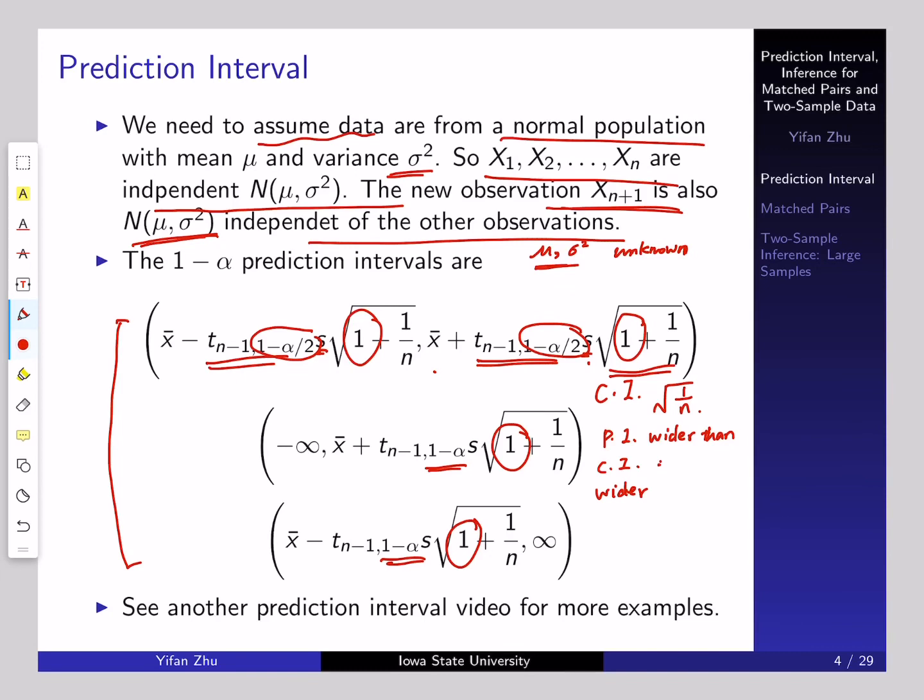So it is wider than the CI due to more uncertainty. There is uncertainty in the mean mu, and also uncertainty in the deviation of the observation from the population mean, which makes the prediction interval wider than the confidence interval.